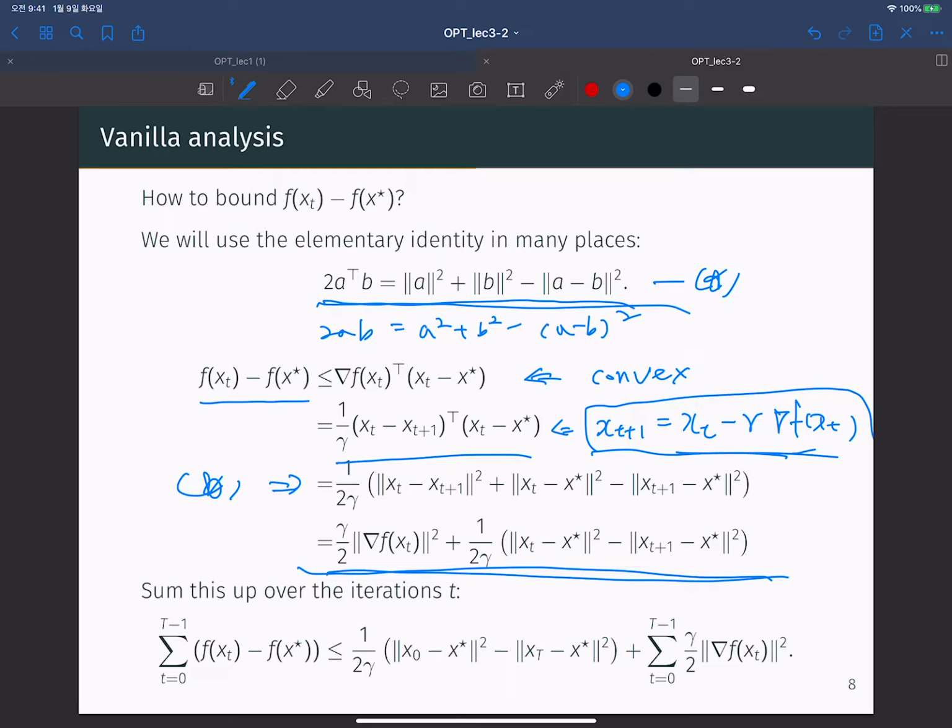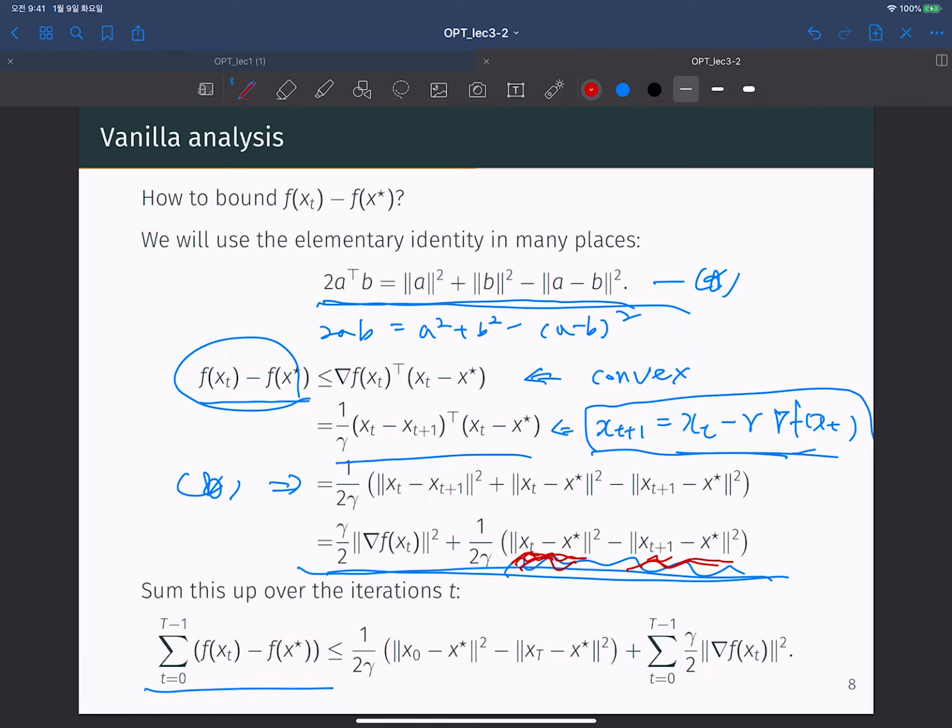So now we will use a very simple trick. I want to add up all these inequalities from t equal to 0 to t equal to capital T minus 1. Okay. Then interestingly, look at this. On the plus side, we have t. On the minus side, we have t plus 1. And the shape is identical, except the index.